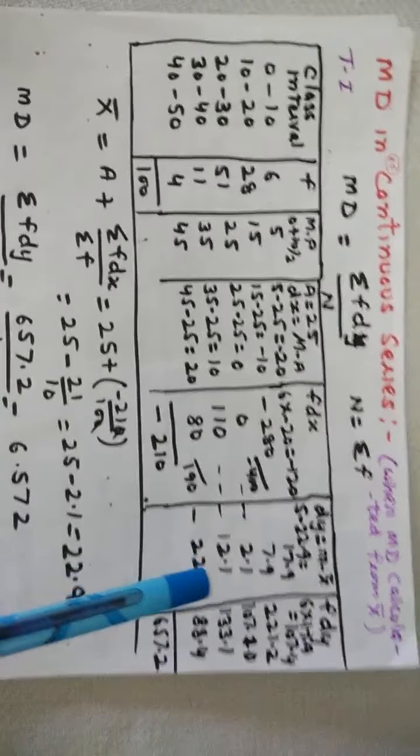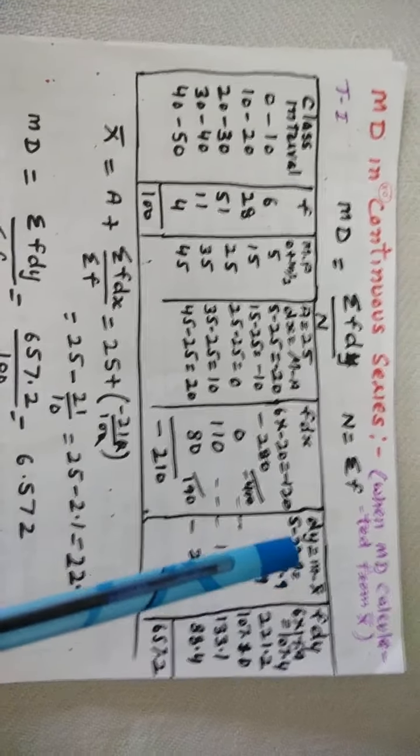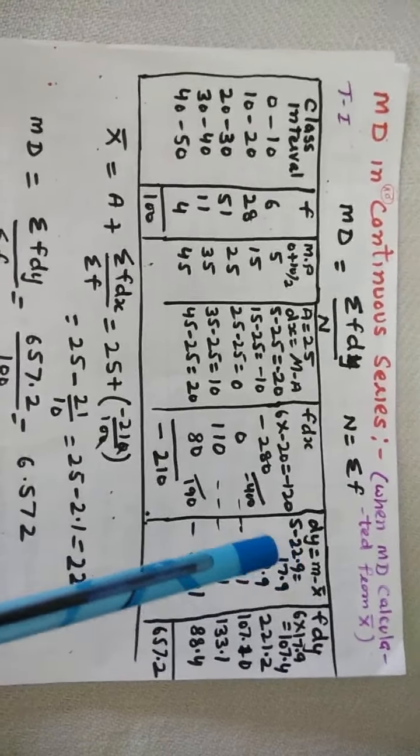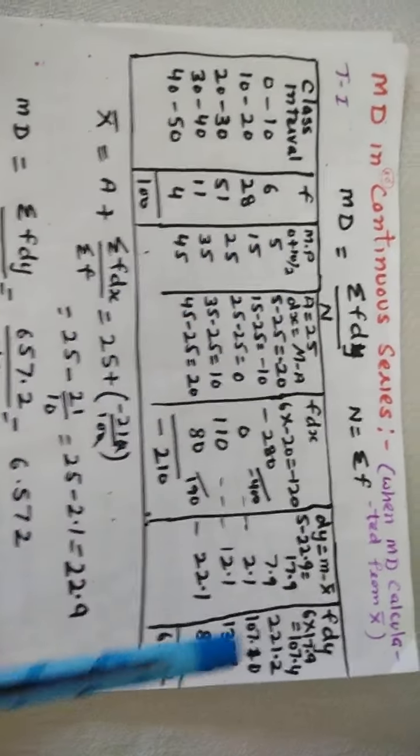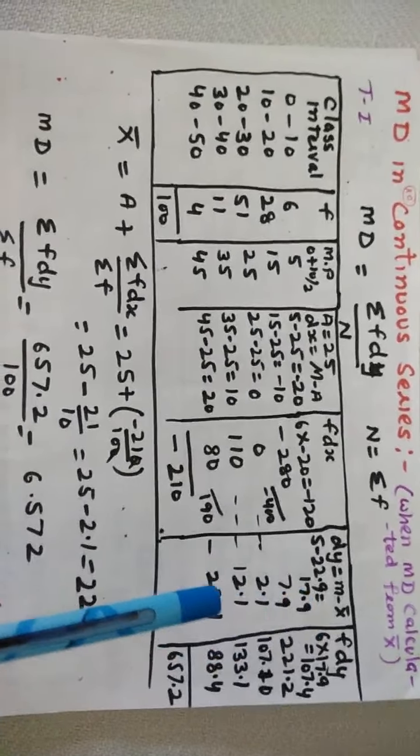Then come to the table, take deviation for calculating mean deviation. dy is the midpoint minus mean. We get these values. 5 minus 22.9, that is 17.9. Here ignore the negative sign because we are calculating mean deviation.